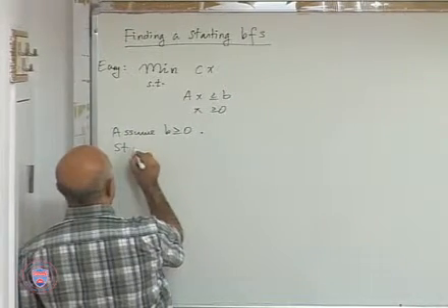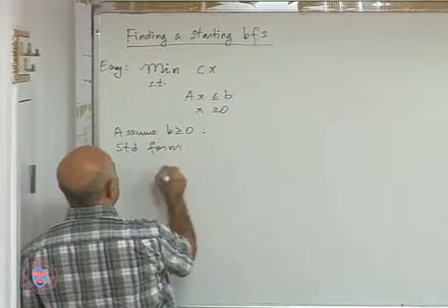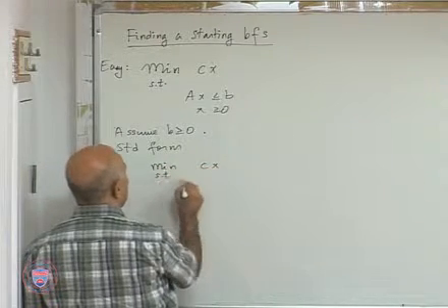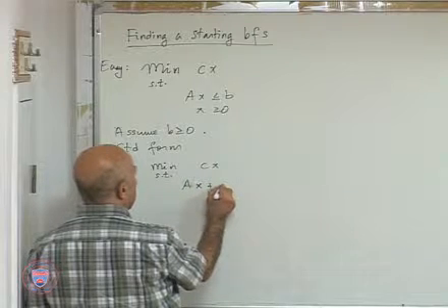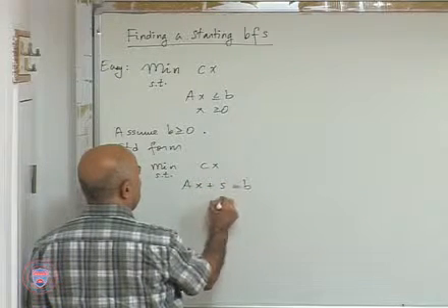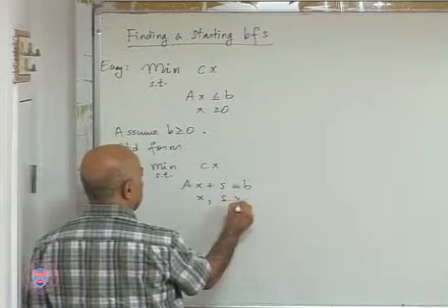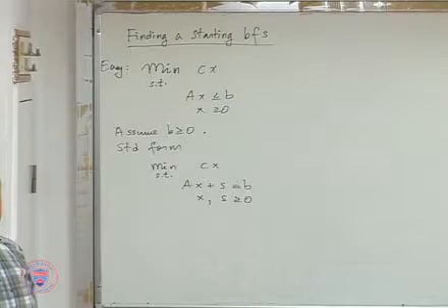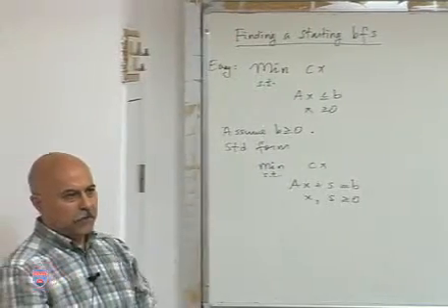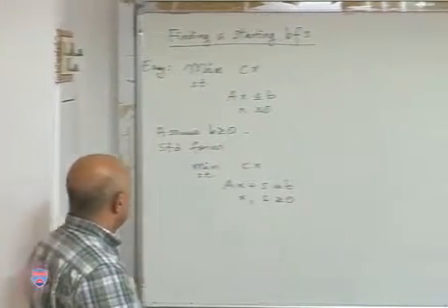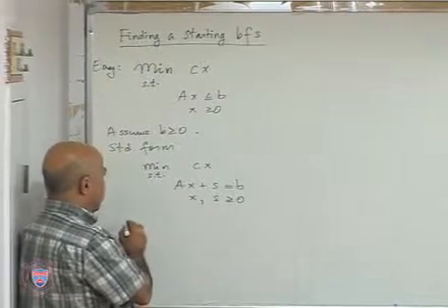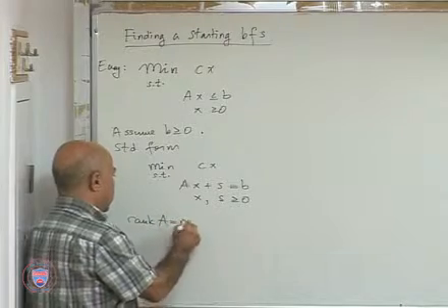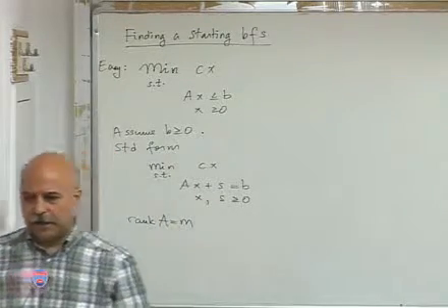Standard form of the problem will then give you the minimization of Cx subject to Ax plus a vector of slack variables equals b, with x and slacks being non-negative. S stands for a vector of slack variables. I'm assuming rank of A is, again, m, the number of rows of A.